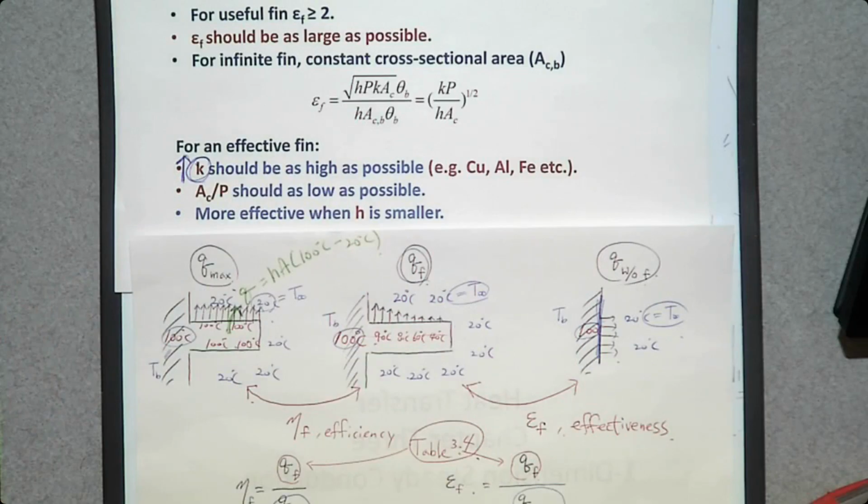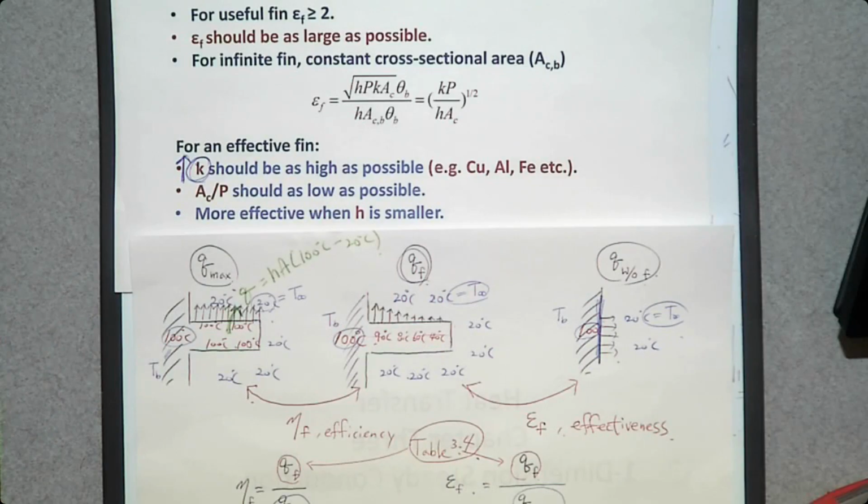And the cross-sectional area per perimeter should be as low as possible. It means trying to make this fin thick so that you have a large cross-sectional area for the conduction heat transfer. And it's going to be more effective when h is smaller.